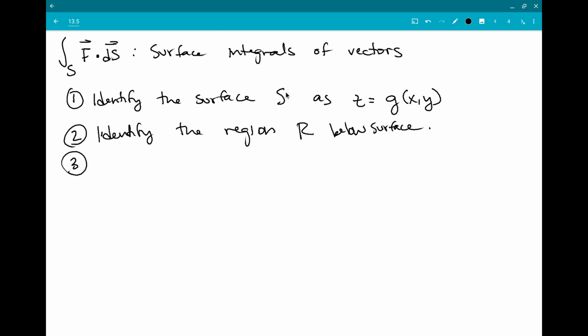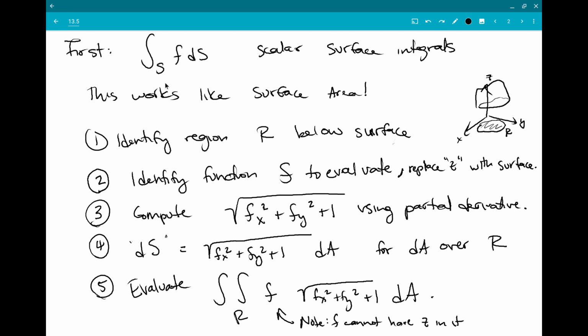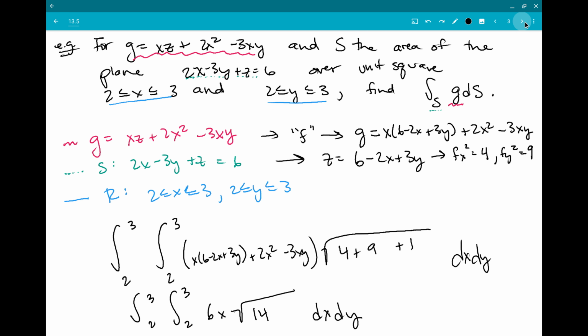And then, let's see, you've got S, you've got R. So identifying the function f could be a little bit tricky because it could look like your surface, because they're all scalar functions.